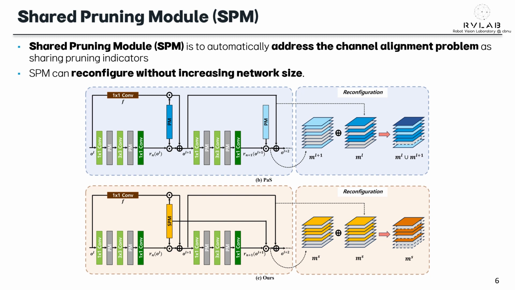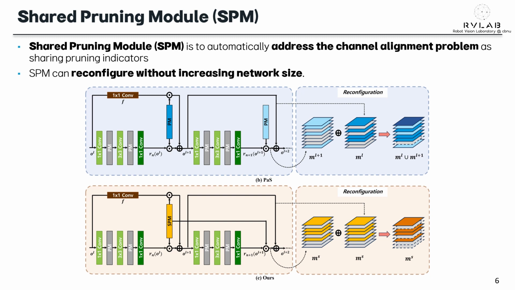Next, to avoid increasing the network size while addressing the channel alignment problem, we propose a shared pruning module. The pruning module consists of pruning indicators that determine which channels to prune. Previously, the pruning modules were applied for every layer individually. This causes the channel alignment problem during the reconfiguration process, as depicted in part B of the figure.